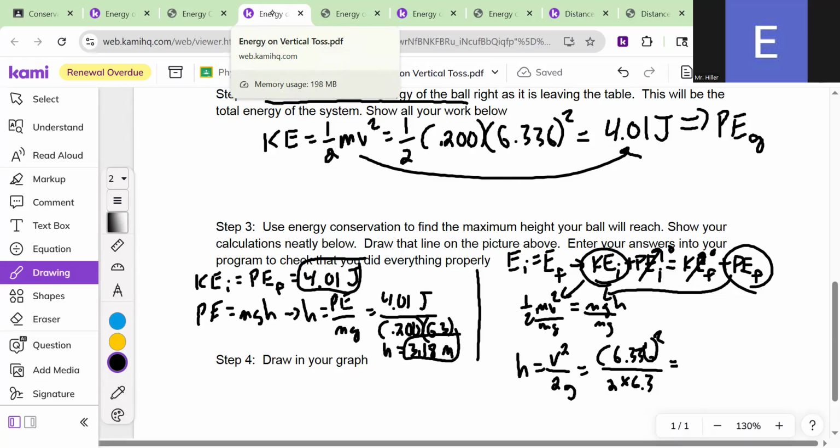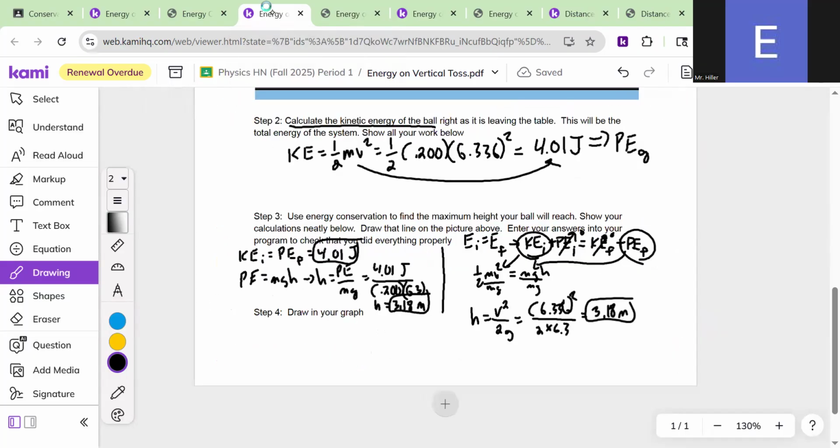Whoopsie, I messed it up. Okay, 6.336 squared. There we go. 2 times 6.3. That's better. Okay, so I'm getting the same thing. I'm getting 3.18 meters high. So my answers are consistent. That's how high it's going to go.